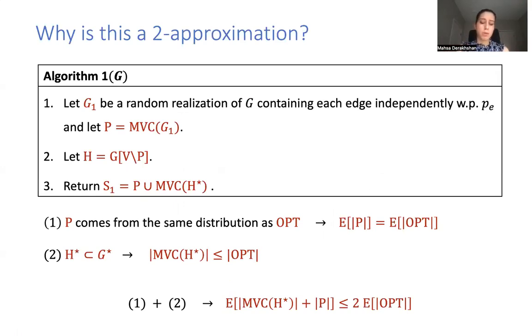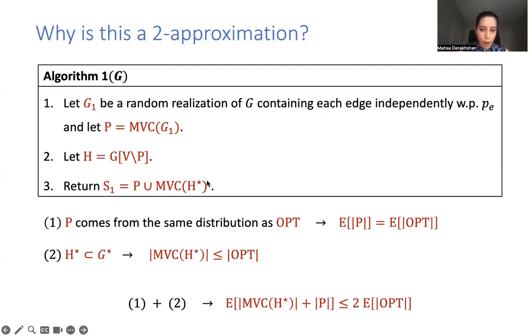First, let's talk about the approximation ratio. As I mentioned before, G1, the random realization of G, comes from the same distribution as G star, the actual realization, which means the expected size of their minimum vertex cover is the same. So the number of vertices that you commit to the solution in line 1 has exactly the same size as the expected size of the optimal solution.